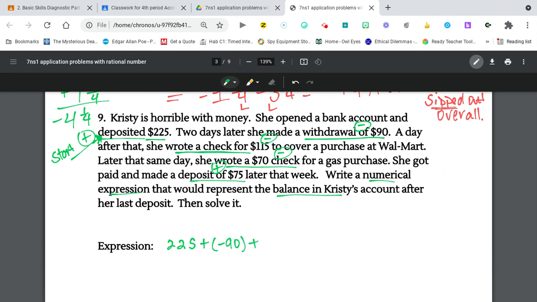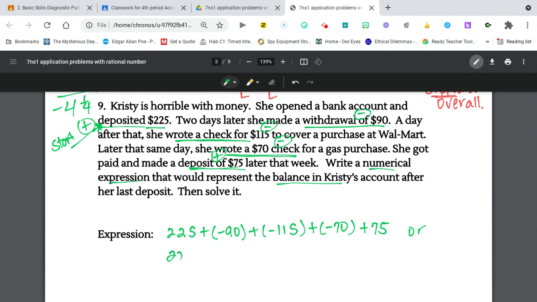Plus she wrote a check for 115, so that's plus negative 115. And then she wrote a check for some gas, so that's plus negative 70. And then she made a deposit, so that's plus 75. Or you could have gone 225 minus 90 minus 115 minus 70 plus 75. Either way, they're the same thing.